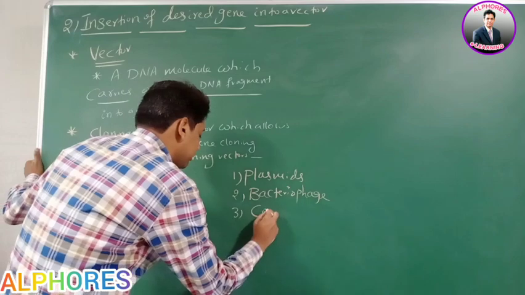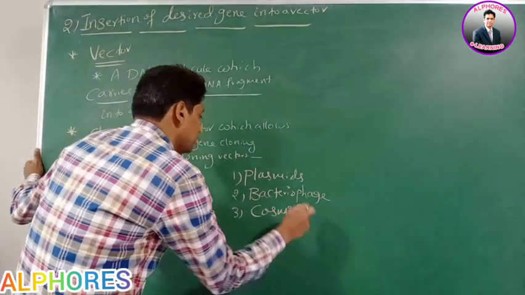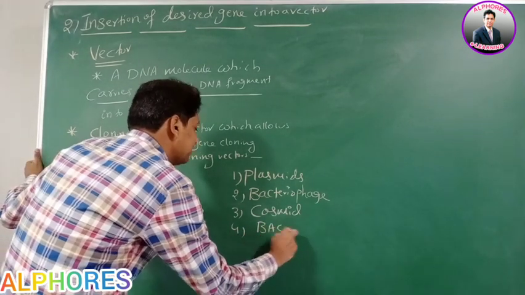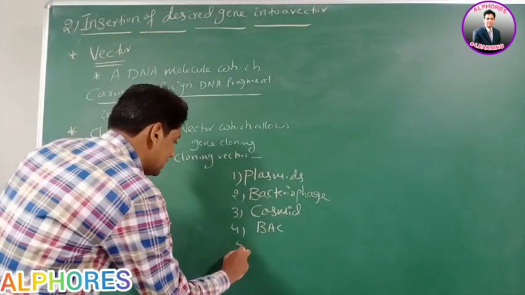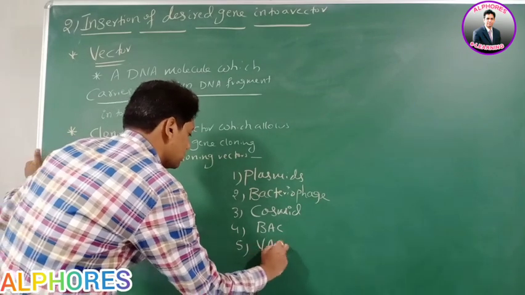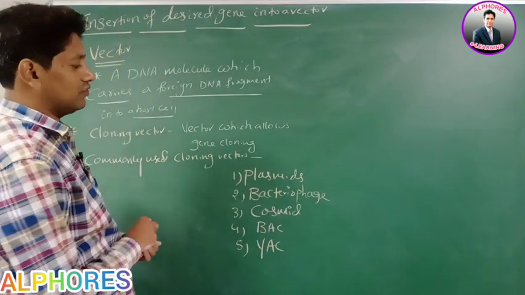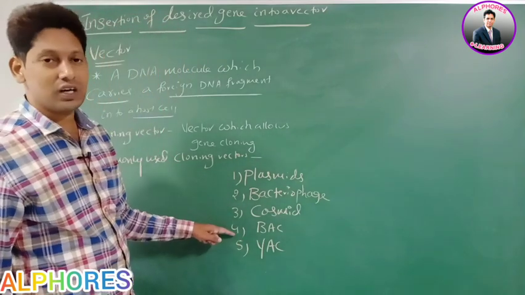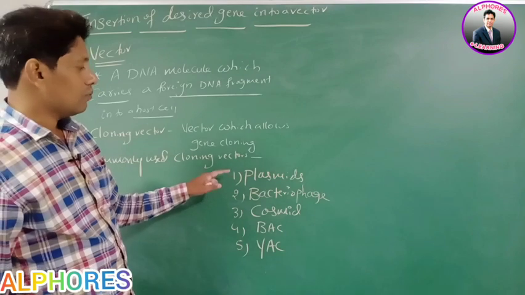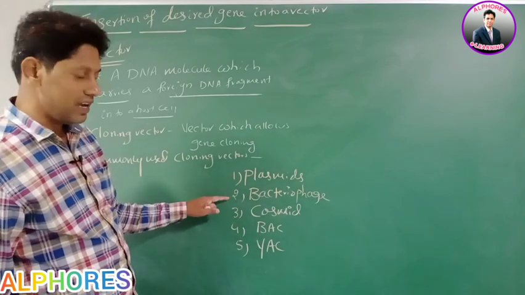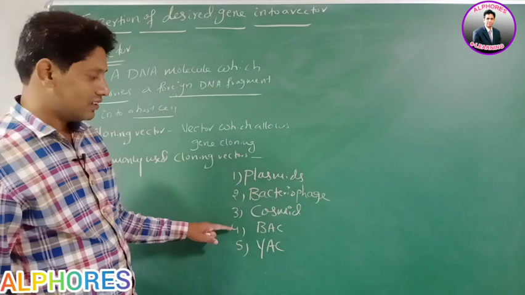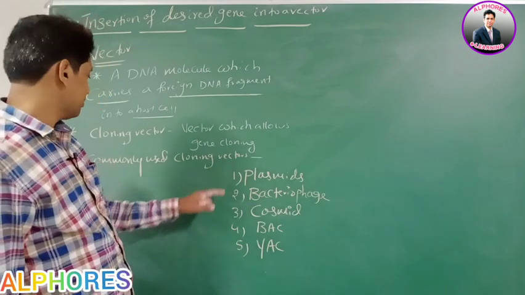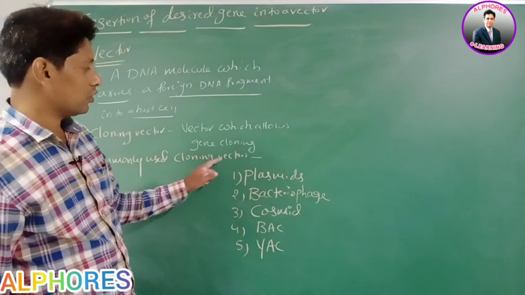Number three, cosmids. Number four, bacterial artificial chromosomes. And the last one is yeast artificial chromosomes. Plasmids, bacteriophage, cosmids, bacterial artificial chromosomes, yeast artificial chromosomes. These are commonly used cloning vectors.